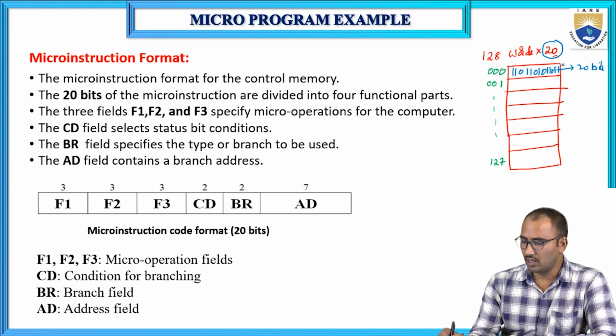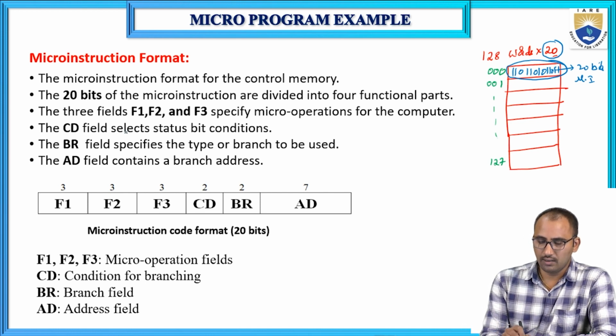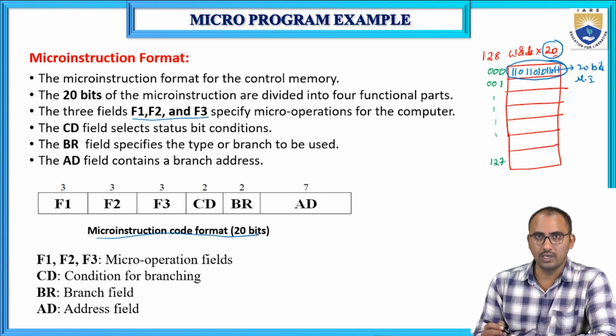So this is a micro instruction. That entire 20 bits we divide into different fields: F1, F2, F3. See here the micro instruction format of 20 bits.